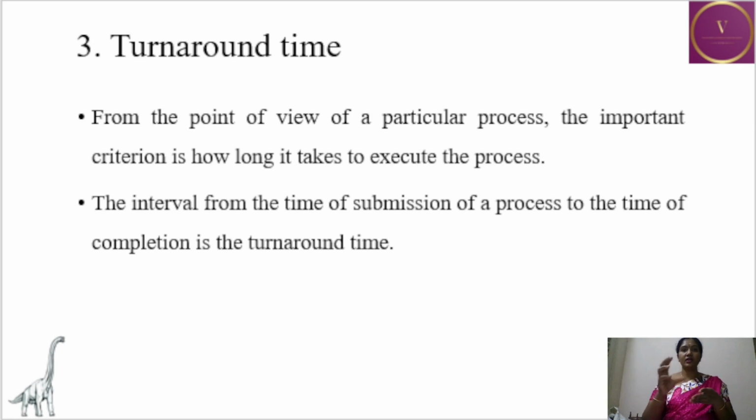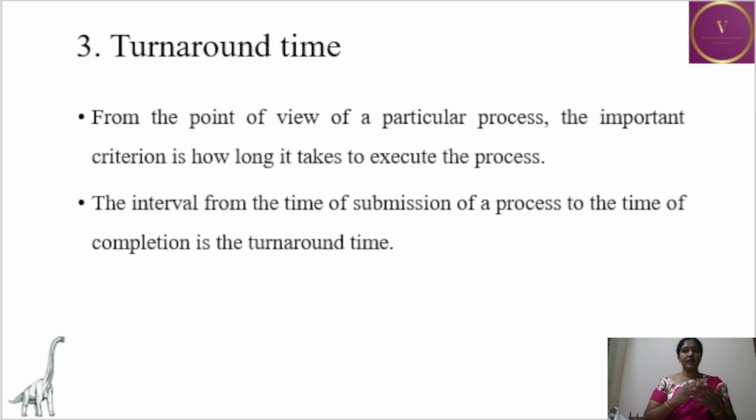There might be some processes which require input-output processing, so how much time it takes to do the IO operations, and when the CPU completes the process, and finally the process is completed.